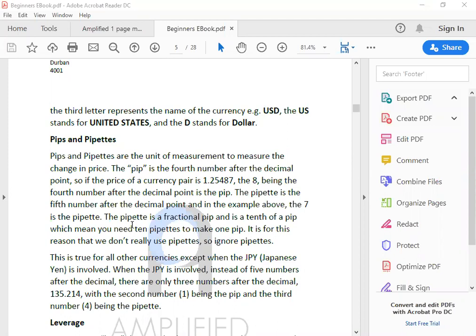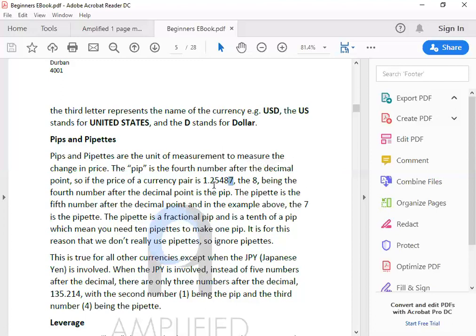And this is true for all currencies except for anything that involves the Japanese yen. Whether the Japanese yen is the base currency or the quote currency, the numbering system is a bit different. Just to use this particular example, we have 4 digits after the decimal point, 1, 2, 3, 4. Remember, we ignore the 7, which is the fifth digit.